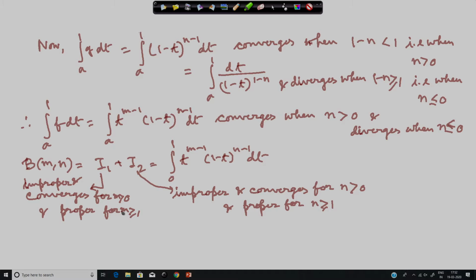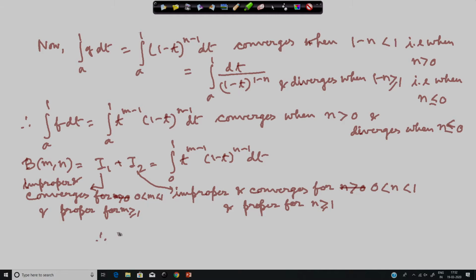So I 1 converges for m greater than 0, but it is proper for m greater than or equal to 1. So I can say that it is improper and converges for 0 less than m less than 1. Similarly, I 2 is proper for n greater than or equal to 1, and improper and convergent for 0 less than n less than 1.